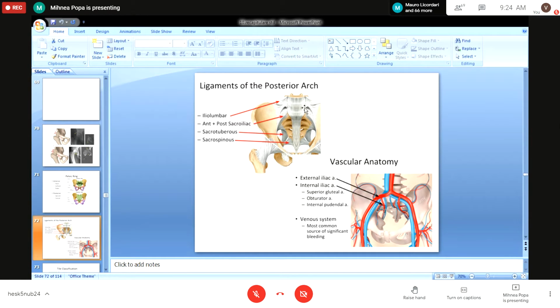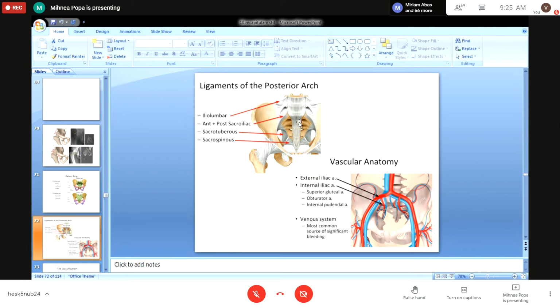Why is this? Because they give almost all the resistance of this region. The pelvis is not a very resistant structure, because it has a three-dimensional form, and through this, the anatomy of this region is not as resistant as other parts of our body.